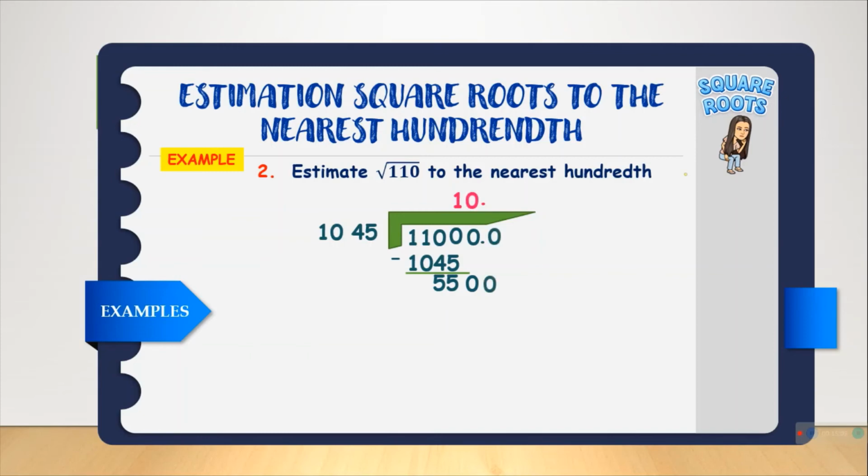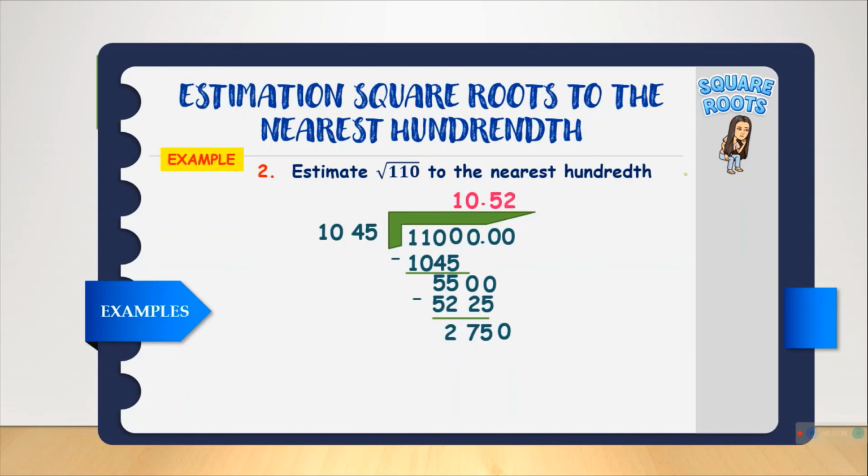Then mag-a-add tayo ng 0. So, 5,500 divided by 1,045 is equal to 5. So, 5 times 1,045 is equal to 5,225. So, ima-minus natin yan. 5,500 minus 5,225 is equal to 275. So, mag-bring down tayo ulit ng another 0 para ma-divide natin sa 1,045.